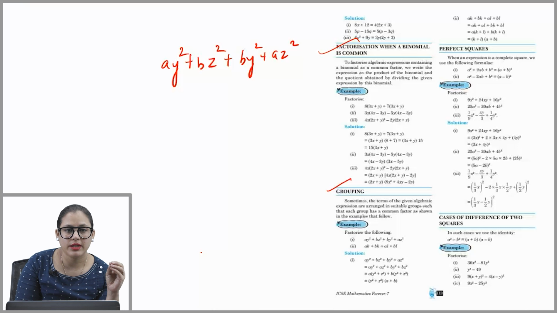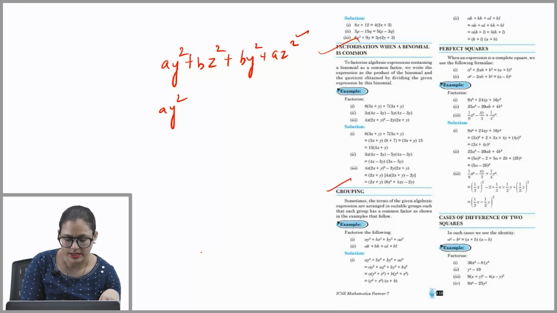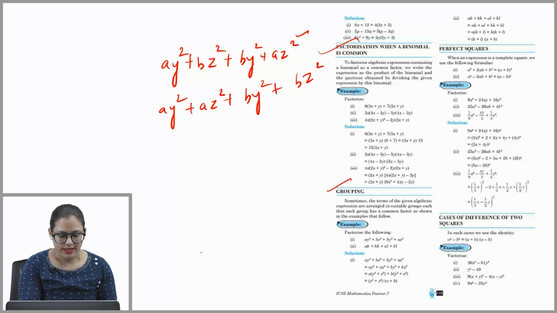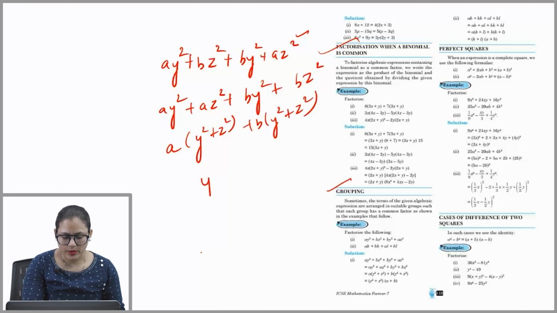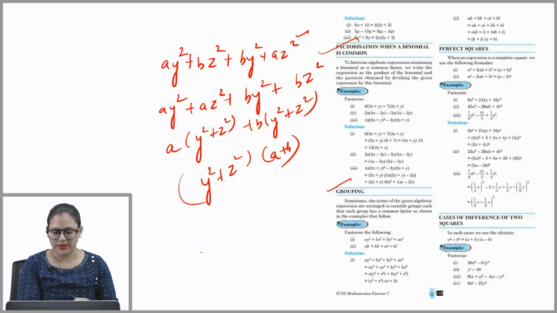First, write ay square and az square, then by square plus bz square. We can regroup like this. Now take the common: a into y square plus z square, plus b into y square plus z square. So we write y square plus z square into a plus b.